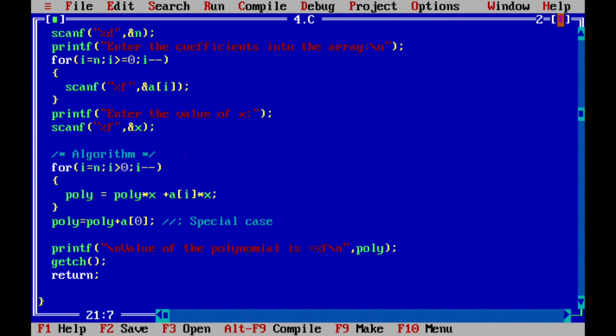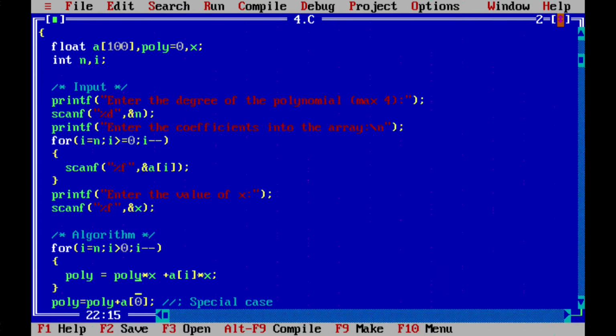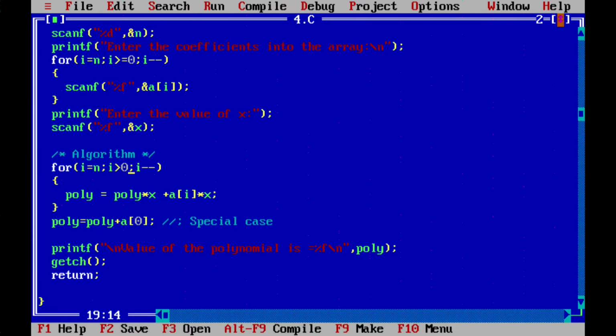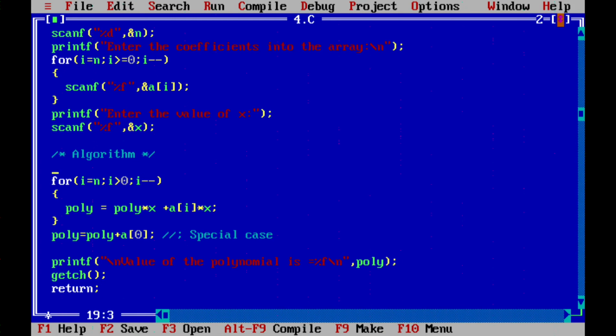The polynomial is initialized with 0 every time. I could do it here, but it's always better practice to initialize just above, so you know it has been initialized. We start with 0 into x plus a of i, so a of 4, for example, into x.